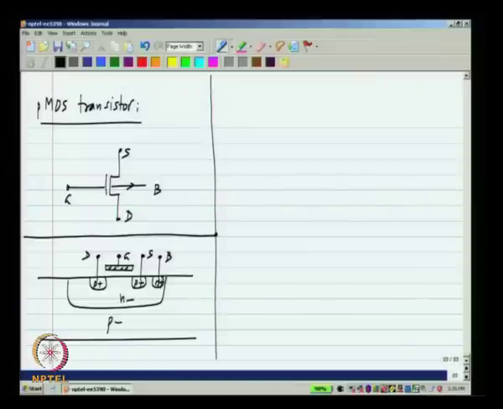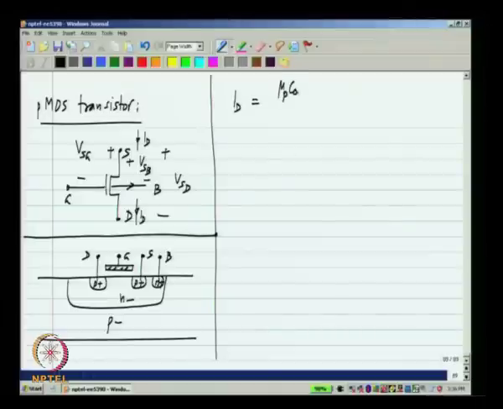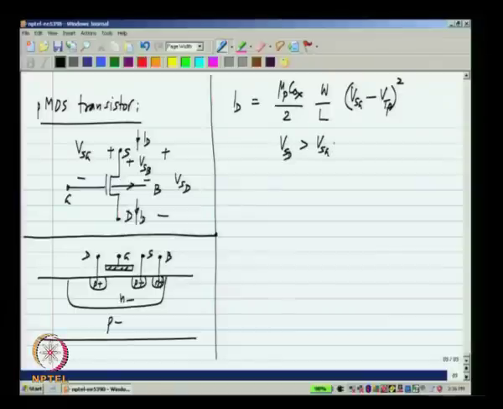Now, the equations are exactly the same, except that we will write them in terms of VSG, VSD and VSB. Okay. So, ID which flows from the source to the drain is given by mu p Cox by 2 W by L times (VSG minus VTP) squared, and this is when VSD is greater than VSG minus VTP and VSG itself is greater than VTP. Okay.